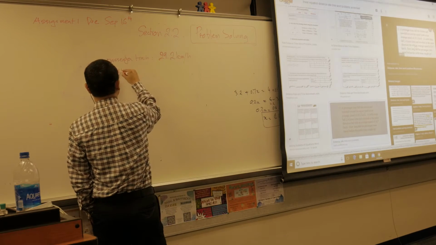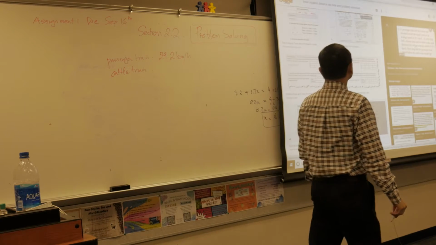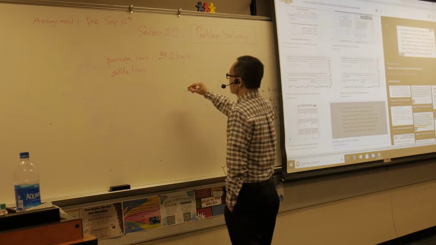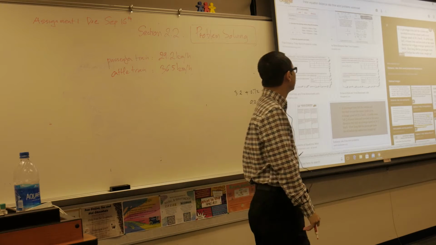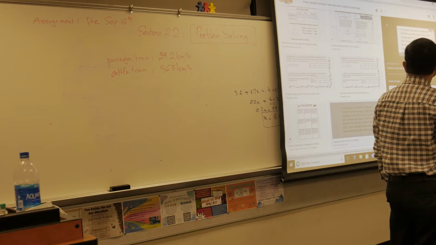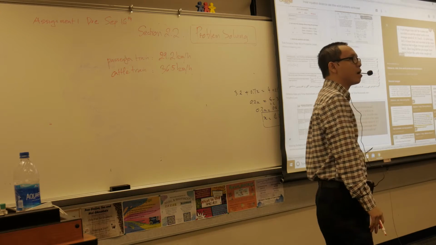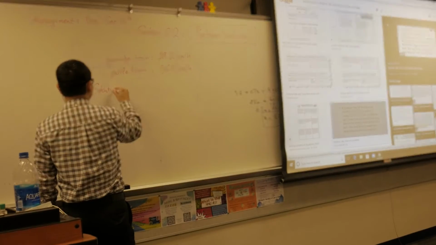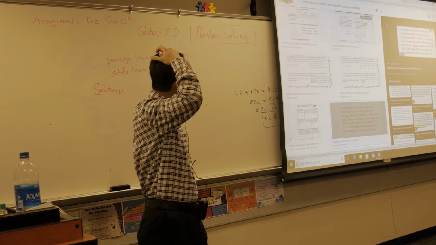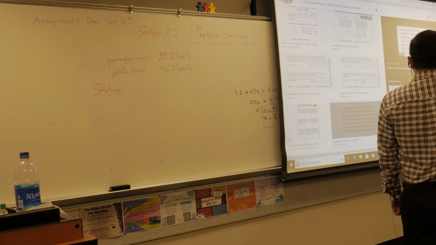The cattle train's average speed is 36.5. How long did the passenger train travel before the cattle train caught up? Oh, wow. How do we do this? So what do you guys think?